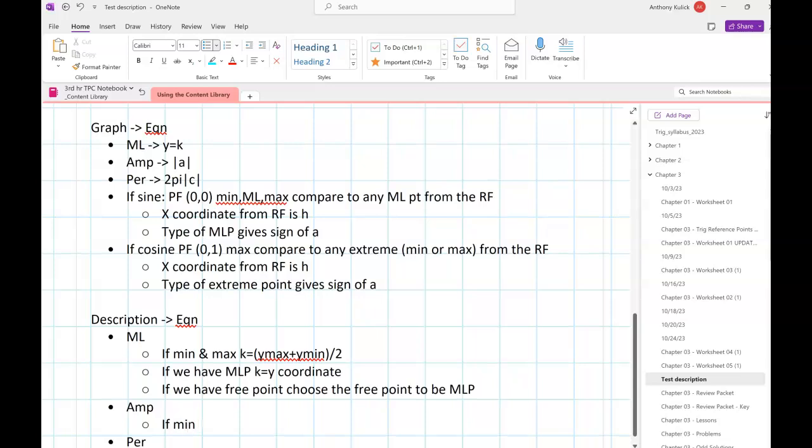If we have an amplitude, if we have a min and a max, how do we find that amplitude? It's half the distance between the extrema, so we'll subtract instead of add.